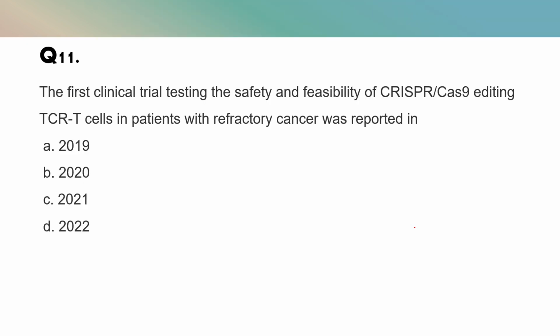This is your next question. The first clinical trial testing the safety and feasibility of CRISPR-Cas9 editing T cell receptor T cells in patients with refractory cancer was reported in which year?